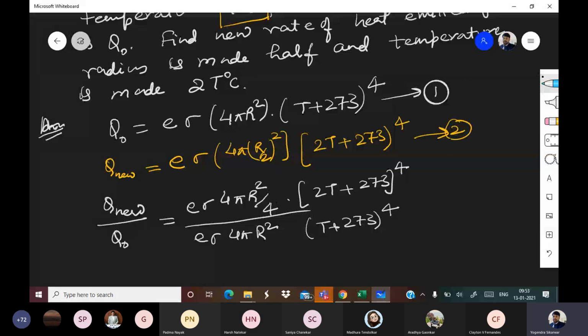So if we cancel E sigma 4 pi r square, then the question is almost over.